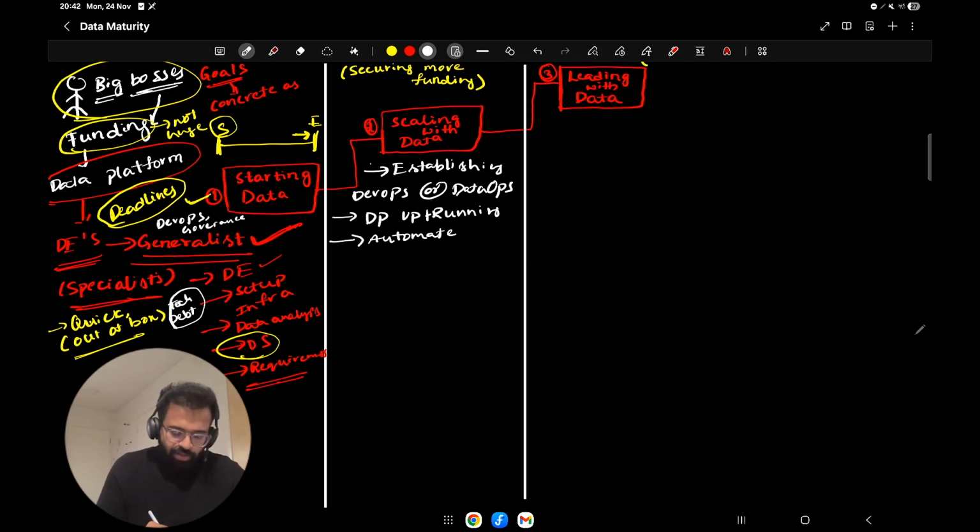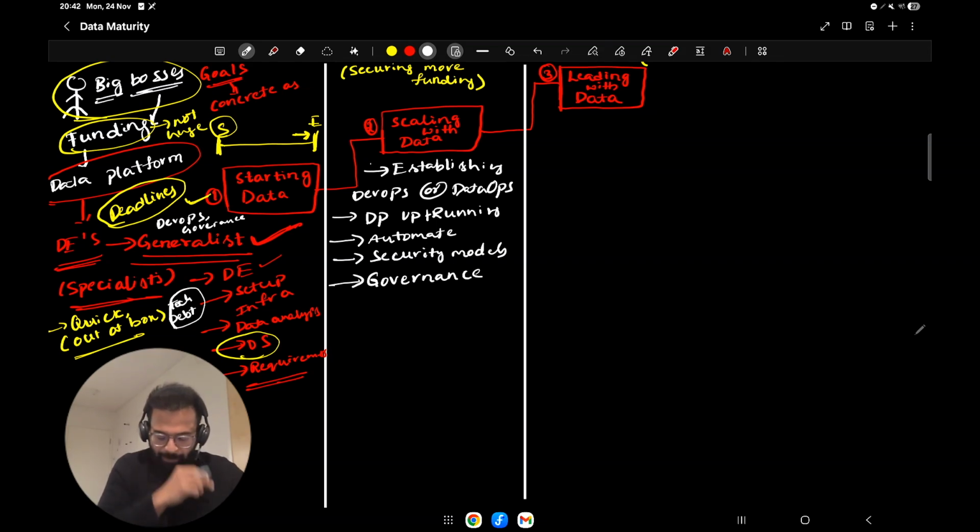You will try to set up initial security models in place, and some kind of governance in this phase. And of course, you still need to keep providing more business value to the business people. This is again most important.